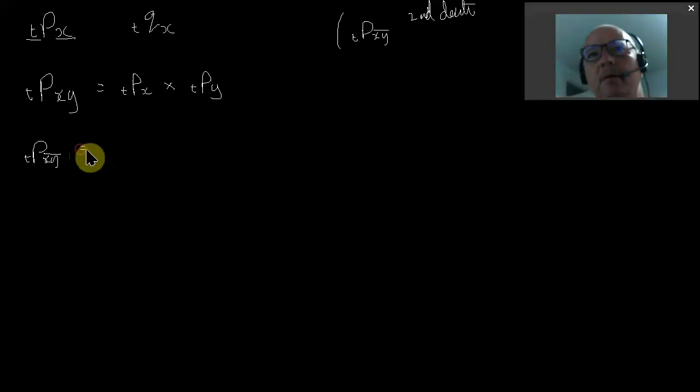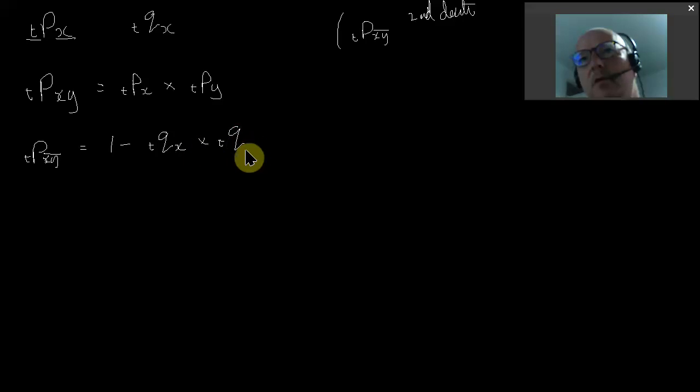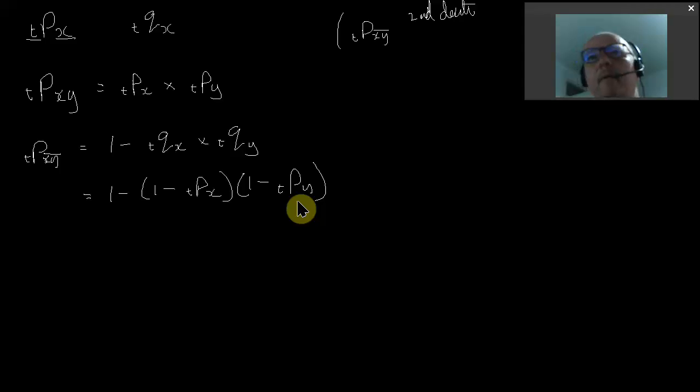So it's 1 minus tqx times tqy. But we'd normally express it with P's, so it's 1 minus (1 minus tPx) times (1 minus tPy). Okay, and that's all we have to do with probabilities. It's as simple as that.